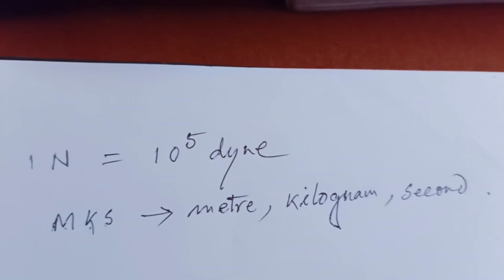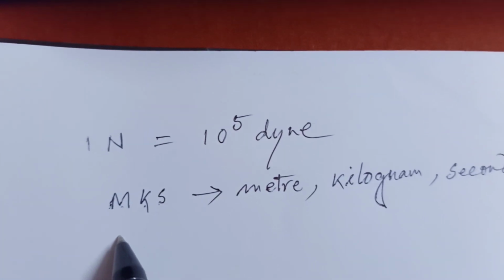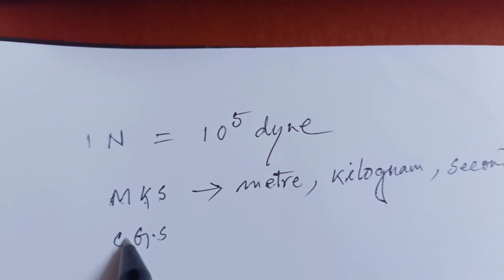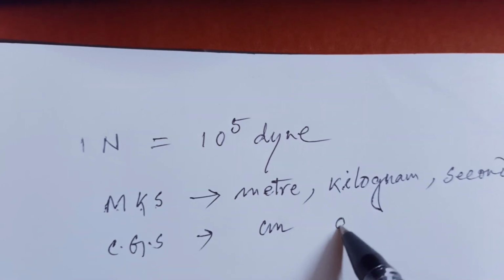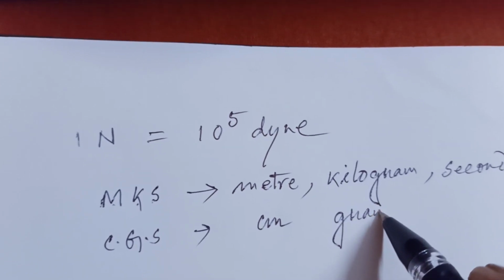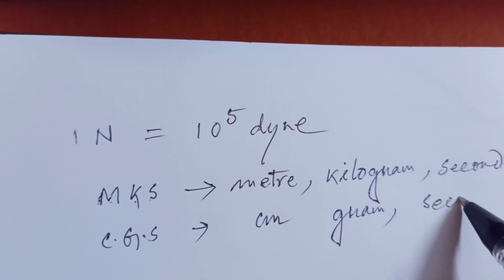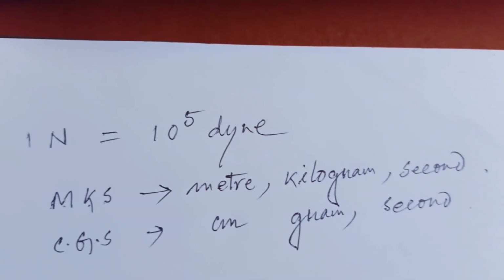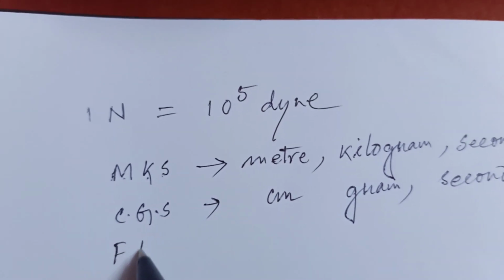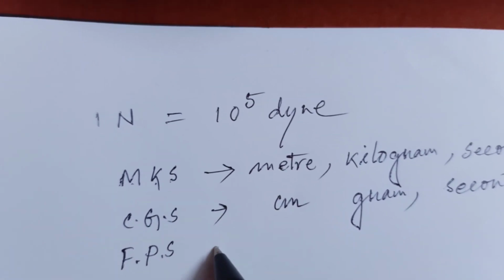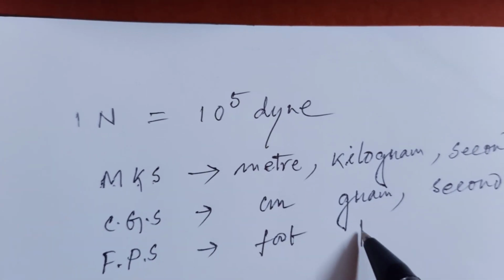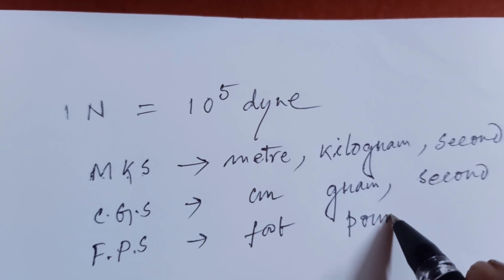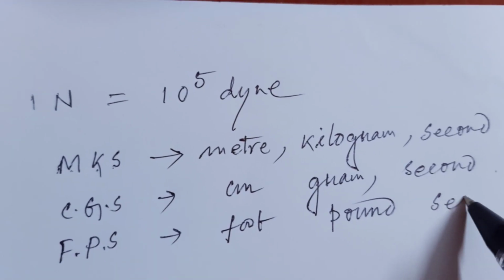And then the CGS system, that is C for centimeter, G for gram, and S for second. And the FPS system, that is F for feet, P for pound, and S for second.